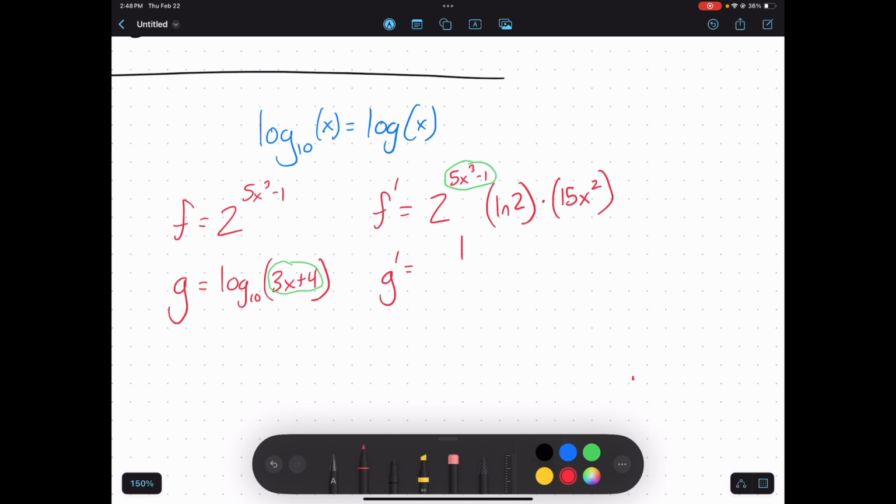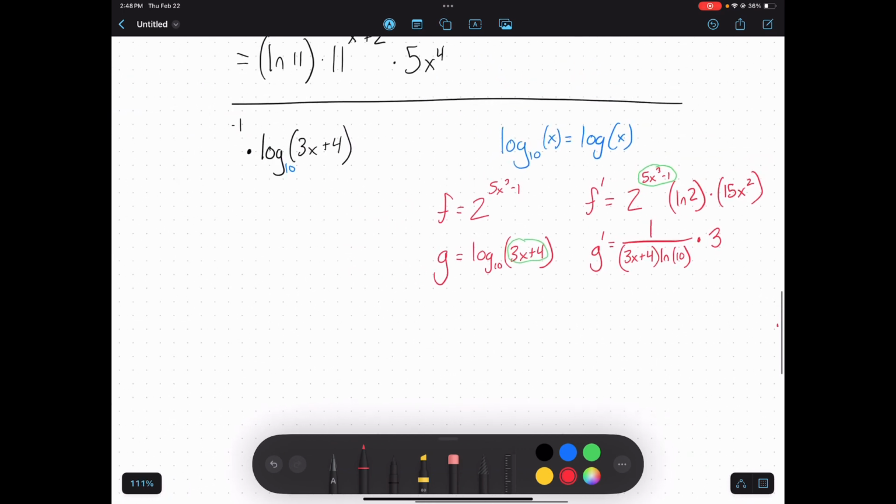That's going to give me 1 over x, but in this case, because I have a function inside of it, I have 1 over 3x plus 4 times the natural log of 10, because that's my base that I'm working with for this logarithm. But now I need to multiply by the derivative of my inside function. Well, that's just linear, so my derivative is just whatever the slope is.